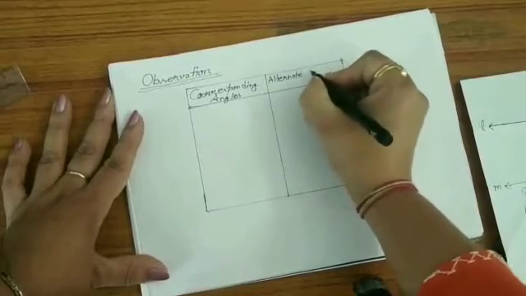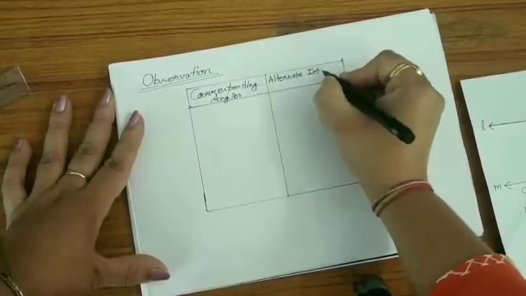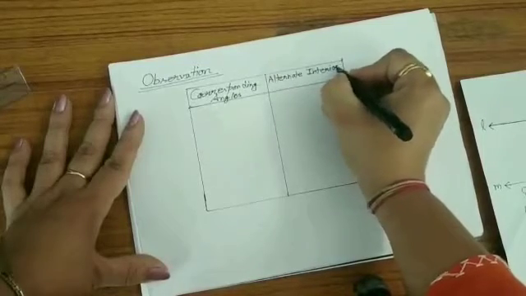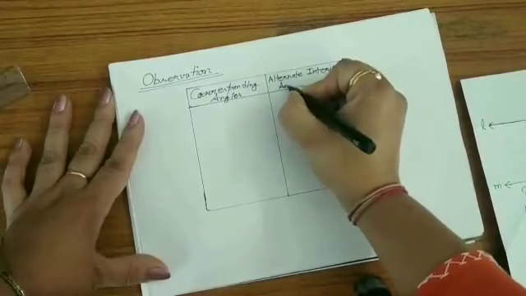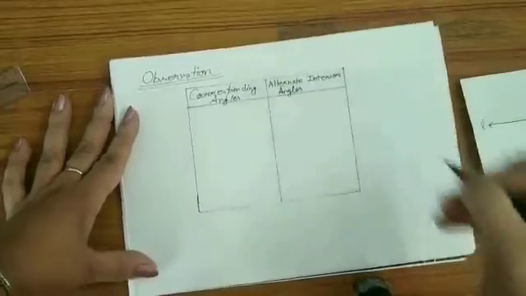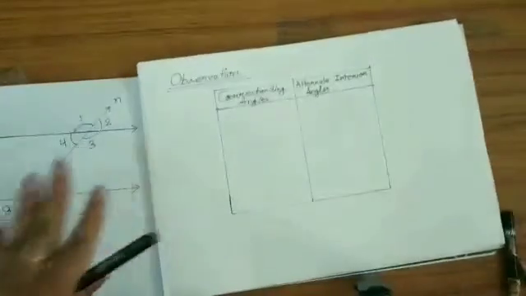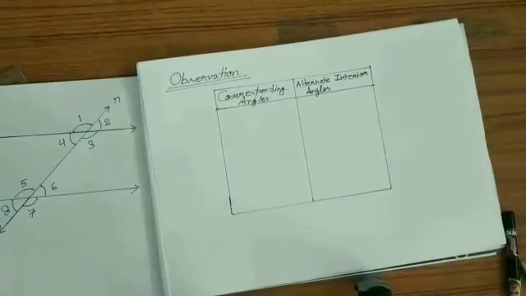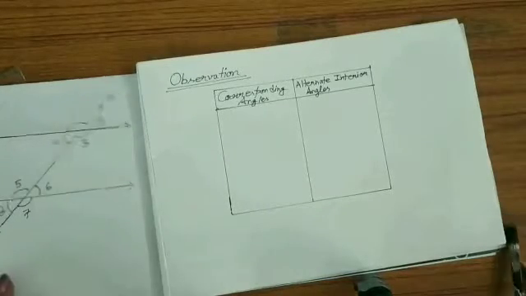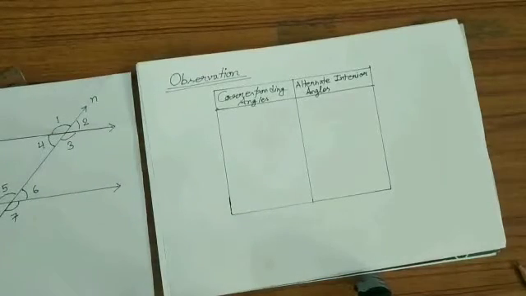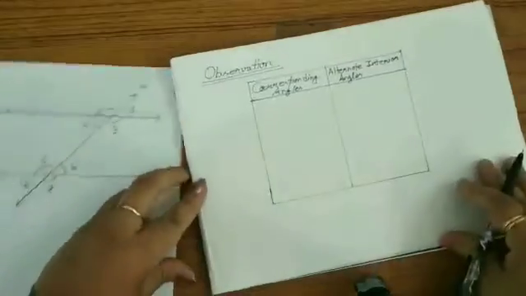Now students, with the help of this sheet, you will tell me and you will also see what the corresponding angles and alternate interior angles are. So students, you can see what the corresponding angles are.